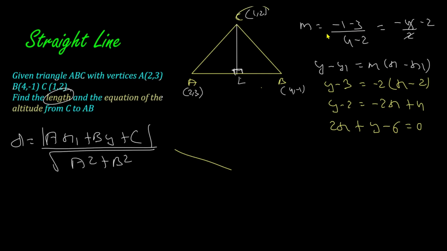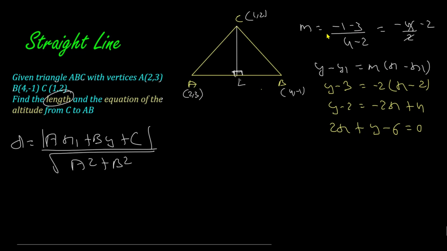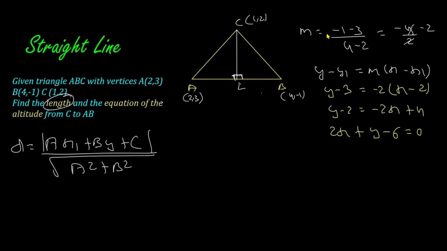Now check, we can apply this formula. Needless to say, we have x1, y1 as this, and a, b, c from here. So if I proceed to find the distance, a is 2 here, so this is 2 times x1, which is 1. So 2 into 1 is 2, plus b, which is 1 over here, and y1 is 2, so 1 into 2 is 2, plus c, which is negative 6.